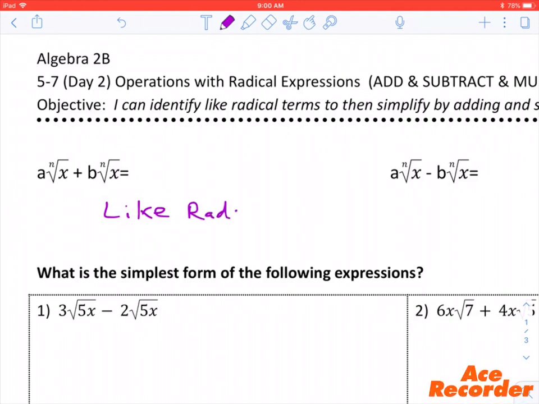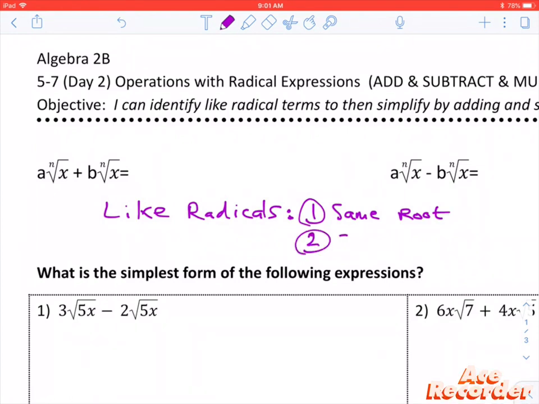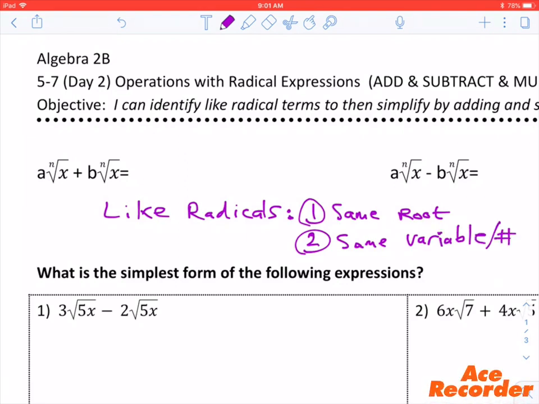radicals. Okay? What that means is, number one, you have the same root or the same index, and then number two, you have the same variable, if there's any variables inside, or variable slash number inside, so that's called the radicand, then those are like radicals.